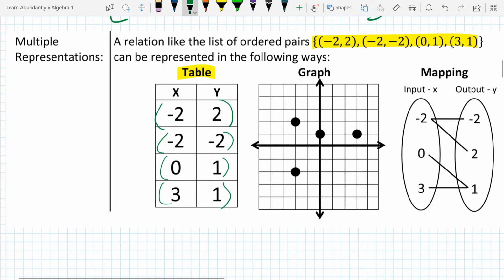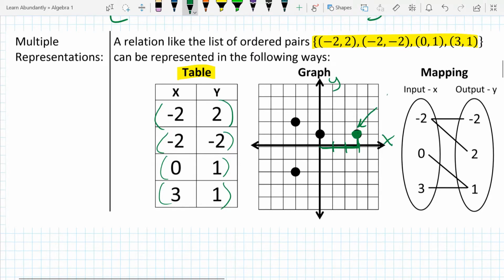The key with graphing is that we have to graph each point carefully, making sure we're graphing the x left and right and the y value up and down. For example, what point is this green point right here that we're pointing to? It's 3 boxes over from the middle, 3 boxes to the right, and 1 box up.